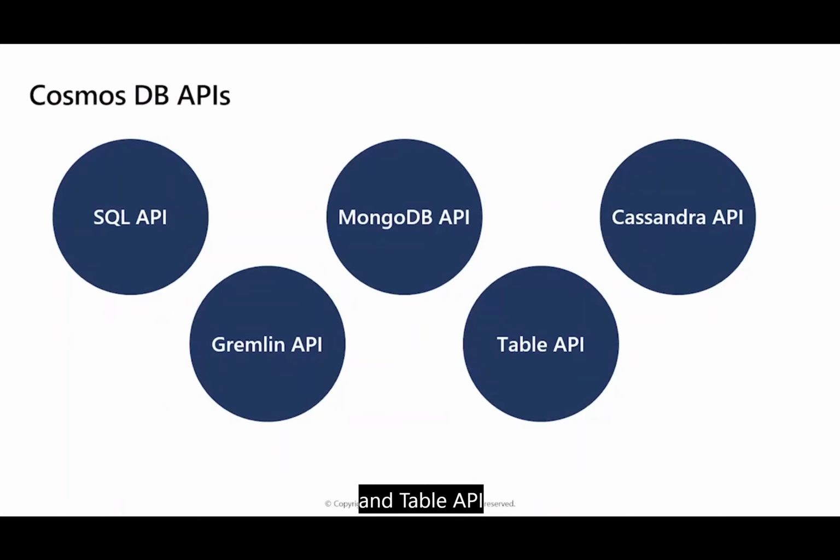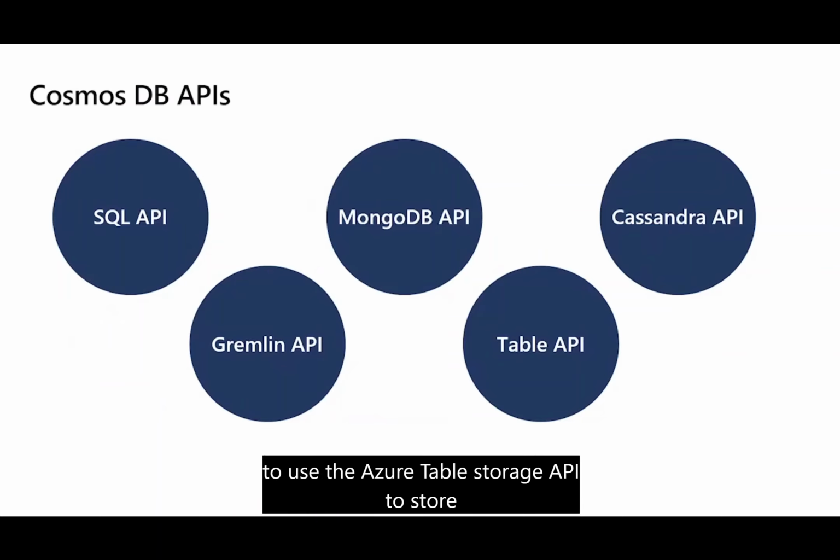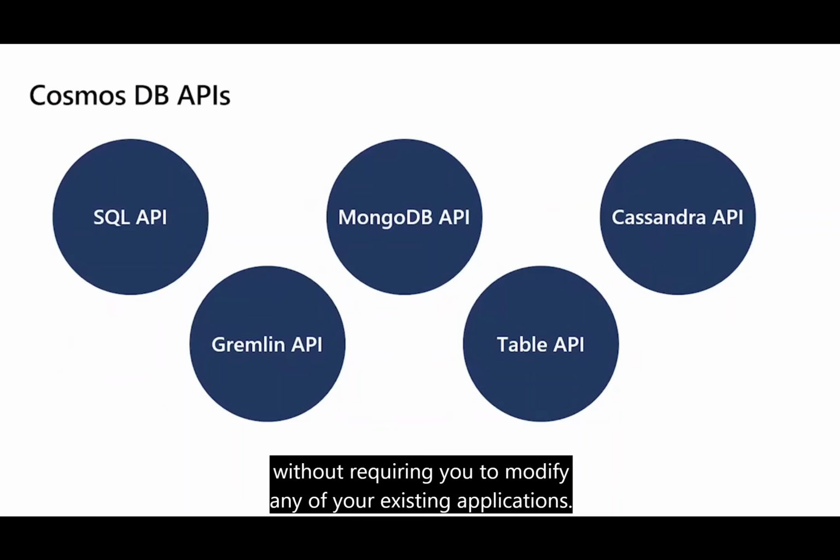The Table API is essentially an interface that allows you to use the Azure Table Storage API to store and retrieve documents. The purpose of having this API is really to allow you to switch between table storage to Cosmos DB without requiring you to modify any of your existing applications.